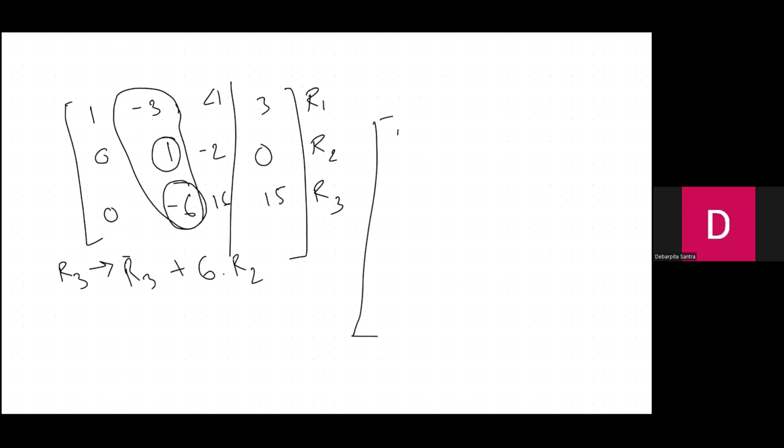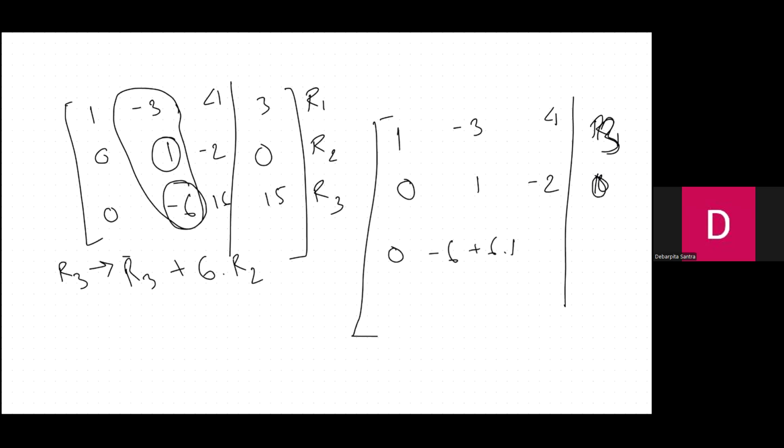The first row remains unchanged: 1, minus 3, 4, that is R1. Next 0, 1, minus 2, and on the right hand side it is 3. And then it is minus 6 plus 6 into R2. R2 means 1, so minus 6 plus 6 means it is 0.